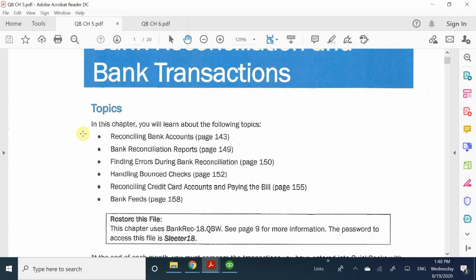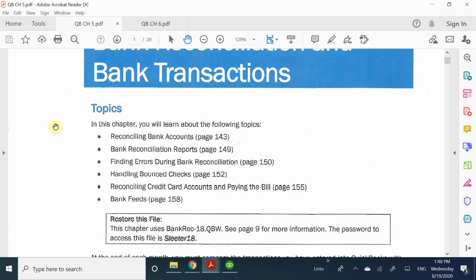Now, there are some students who do it backwards, where they learn QuickBooks first, and then learn the accounting afterwards. But I actually prefer that you do the accounting first and then understand everything that you learned here. It does happen in real life, and you can do it in a click of a button. So this is bank reconciliation.